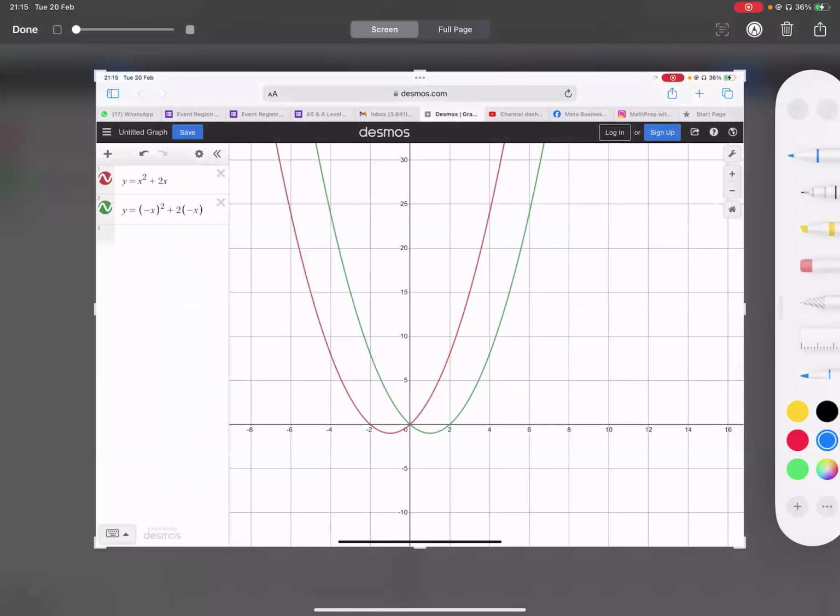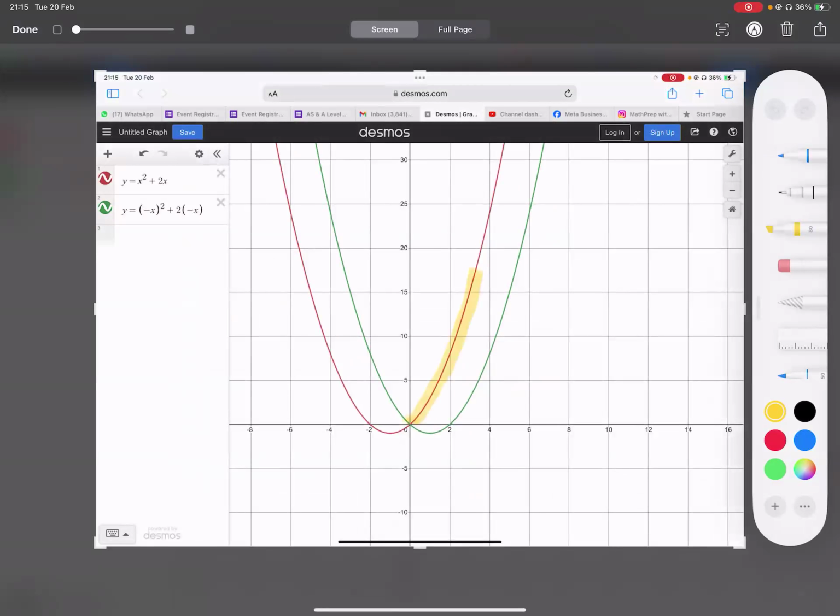If you focus on this part, this red part is a reflection of this green part, and similarly this green part is a reflection of this red part in the y-axis. So the line of reflection is the y-axis here. So if we replace x with minus x, the graph is reflected in the y-axis.